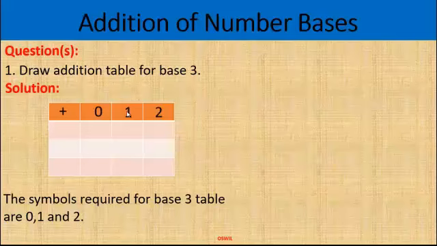Now, in the first column, that is down the addition sign, you write these same symbols from the lowest to the highest, with the highest occupying the last cell. So we have 0, 1, and 2.